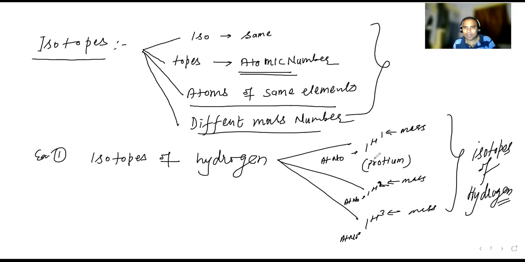The second one, mass 2, is called deuterium, D-E-U-T-E-R-I-U-M. This is used in nuclear reactors. And the last one is tritium.